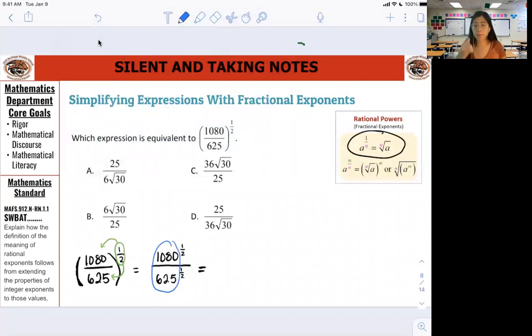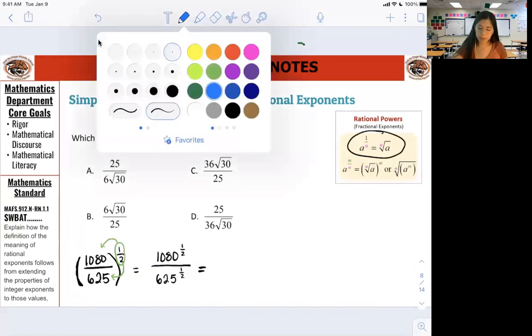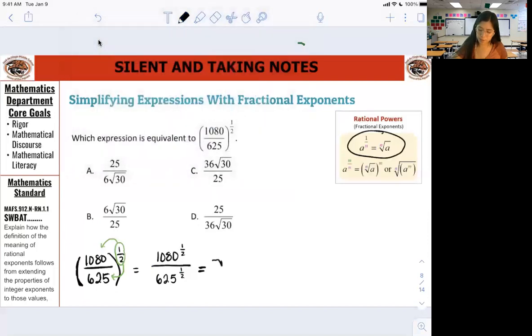Remember that anytime you want to add or subtract the exponents, you have to have matching bases, which we do not have. So we can't subtract, but we can convert. We can turn the exponent into a radical. So how do I rewrite this expression as a radical?